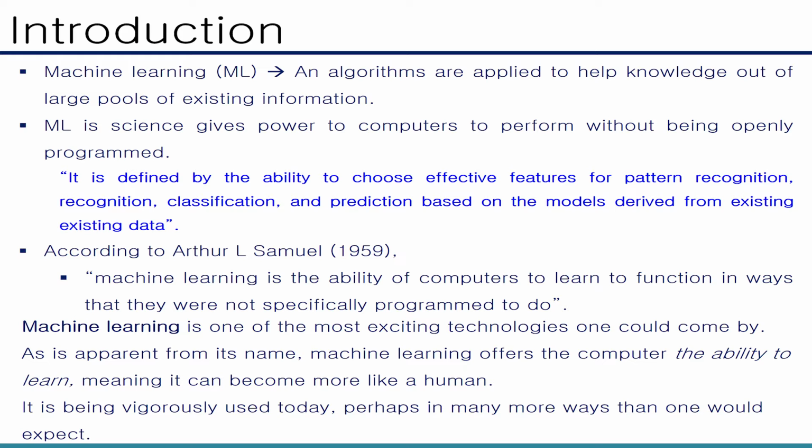So machine learning is the science that gives computers the power to perform without being explicitly programmed. It is defined by the ability to choose effective features for pattern recognition, classification, and predictions based on models derived from the existing data. So what does this mean? Pattern recognition.